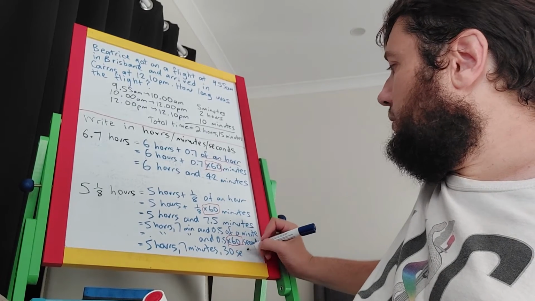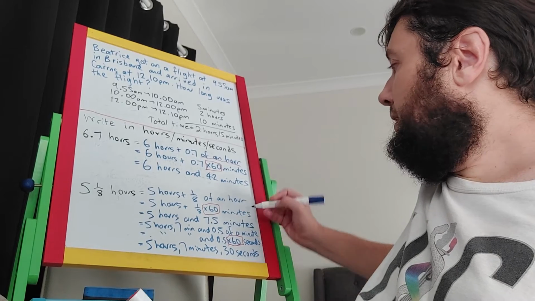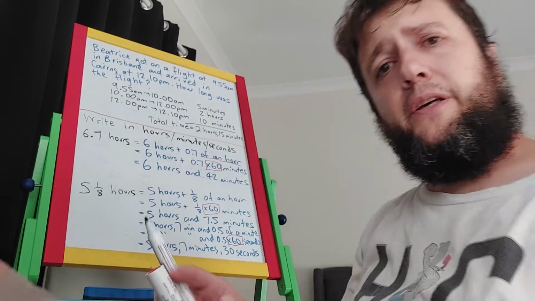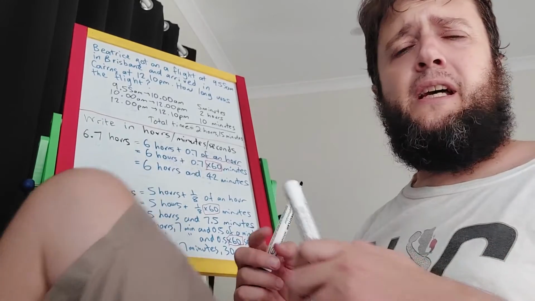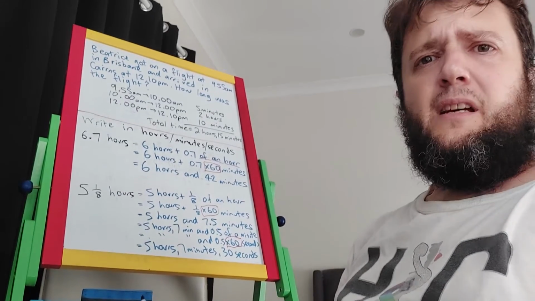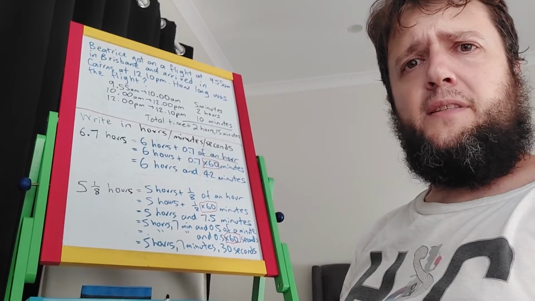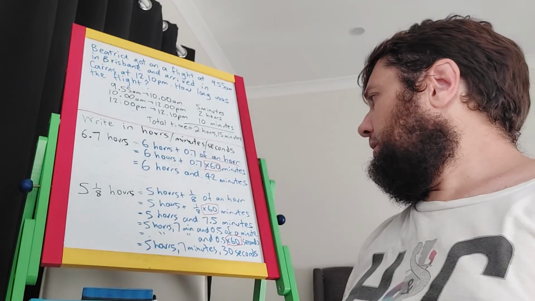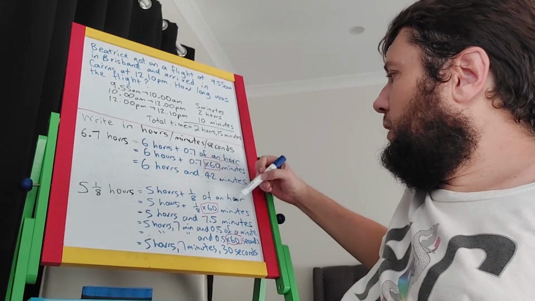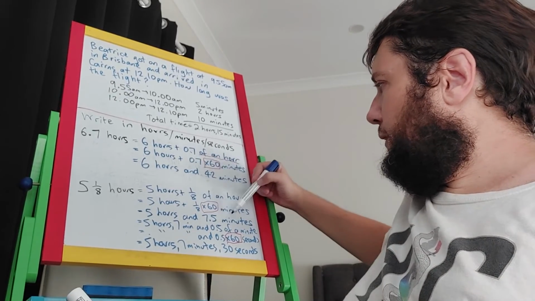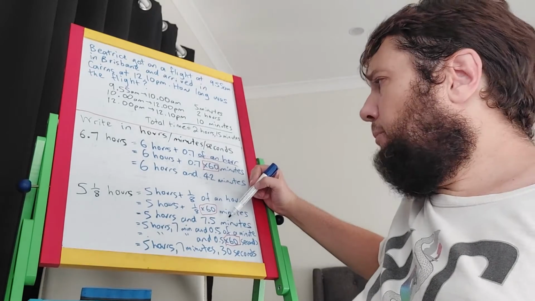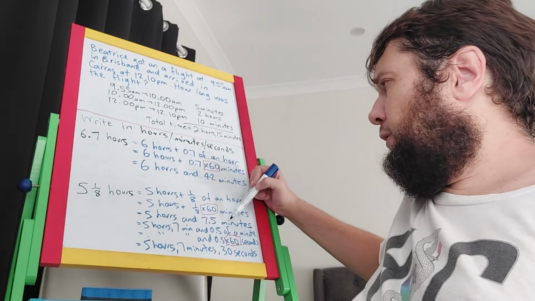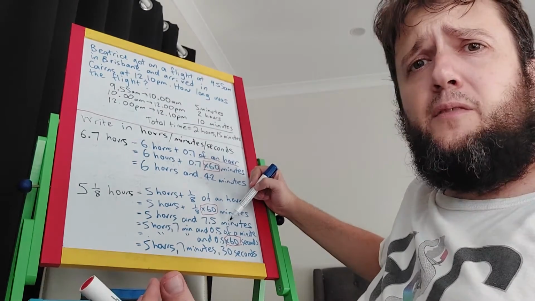Now, I'm sure some of you could have told me that earlier, because if I'd said half of a minute, how many seconds is that? Yeah, it's 30 seconds, isn't it? Full minute's 60 seconds, so half a minute was always going to be 30 seconds. So you could have pretty well quickly gone from this line here, 5 hours and 7.5 minutes, to 5 hours, 7 minutes and 30 seconds if you wanted.